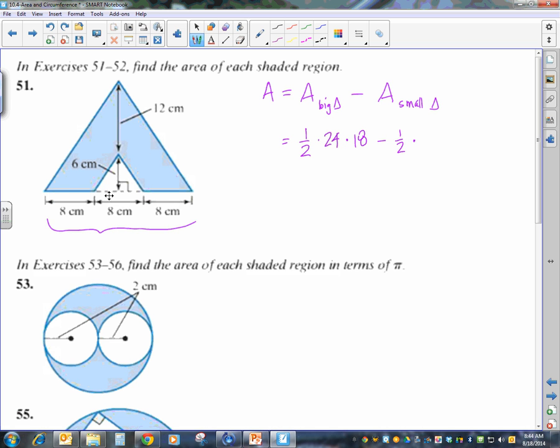My base is 8, and my height is 6. So that's going to give me 216 minus 24 equals, I'm sorry, there's no pi involved in that. Equals 192 square centimeters.